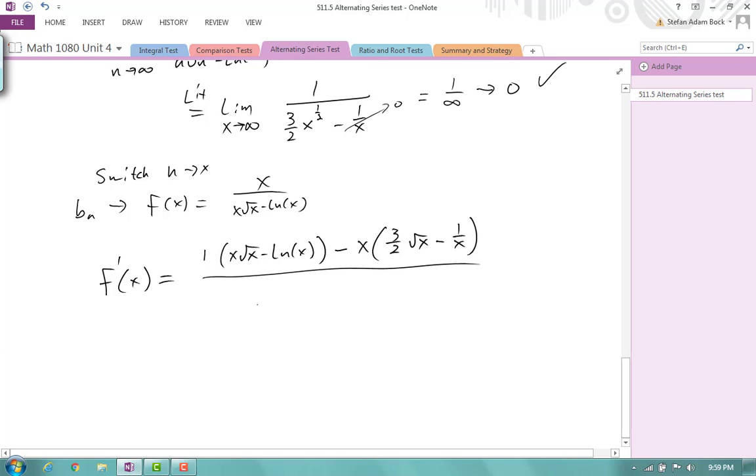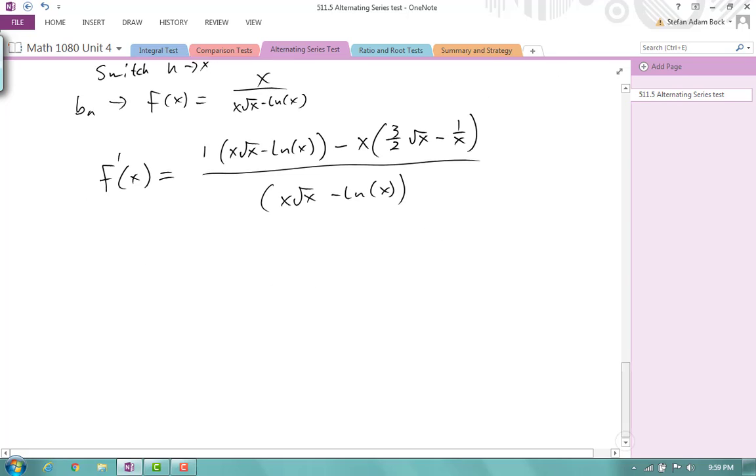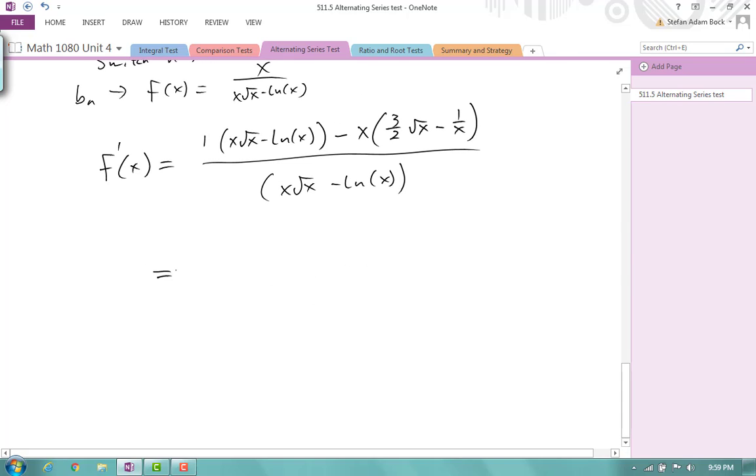And this is all divided by the square of the bottom. Now let's see if we can't clean that up a little bit. I have x root x minus ln of x minus 3/2 x root x plus 1. That should be squared.